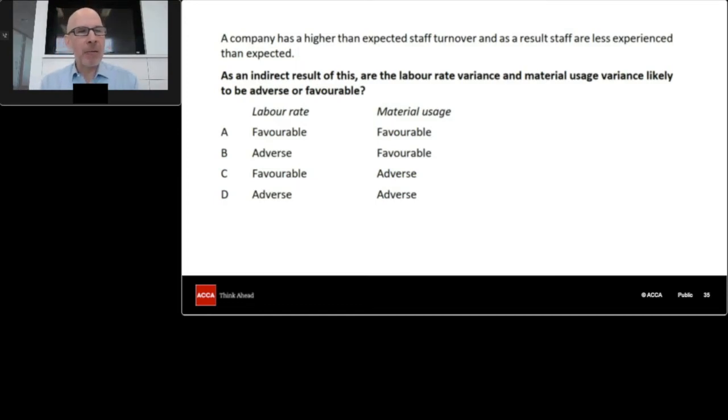Well, tell me this. If we have less experienced staff, are we going to pay them more or less? Well, less experienced staff are junior employees. Junior employees, right, without any other information, they'd be paid less than our experienced employees. Now, are new employees going to waste more or less than expected?